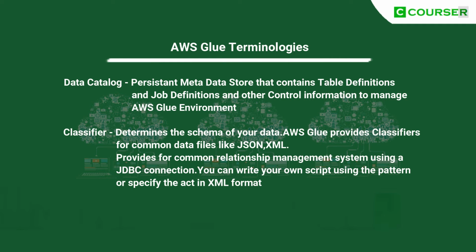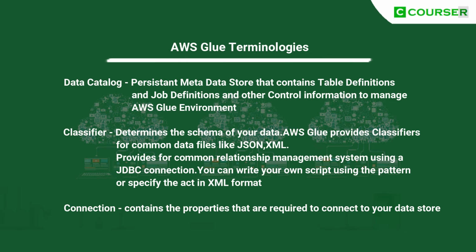AWS Glue provides classifiers for common data files like JSON or XML format. It also provides classifiers for relational databases using a JDBC connection. You can write your own classifier using a grok pattern or specify it in XML format. A connection contains the properties that are required to connect to your data store.